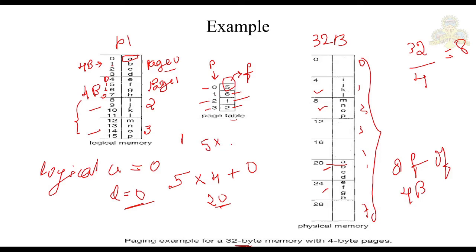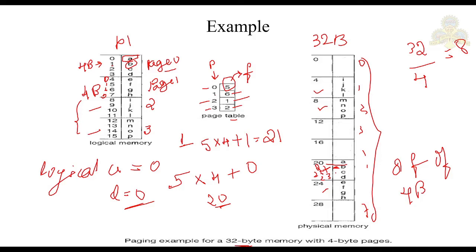What is the frame size? It is 4. Then what is the displacement of the logical address 1? It is 1, right? So you should have the instruction B at location 21. It can be written as 20, 21, then 22, 23, right?